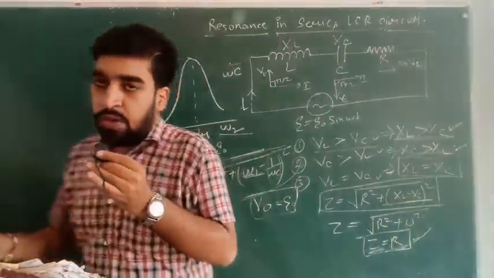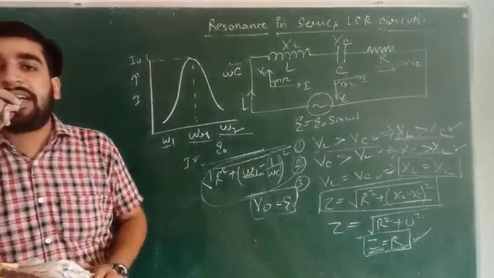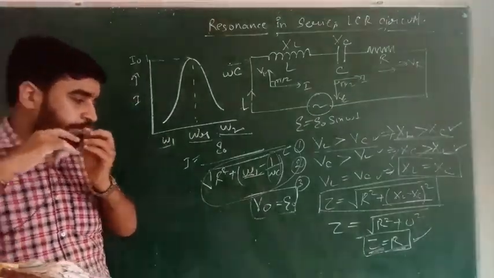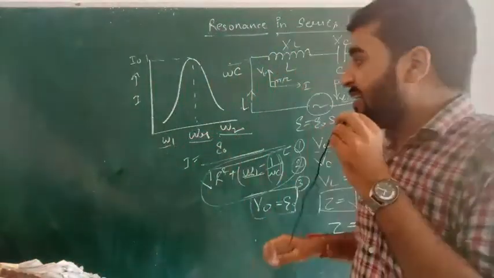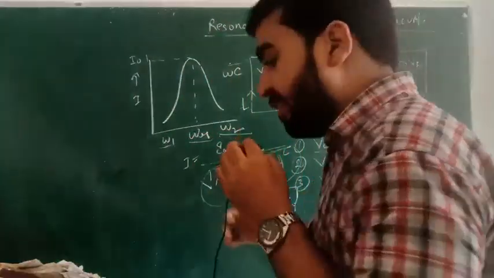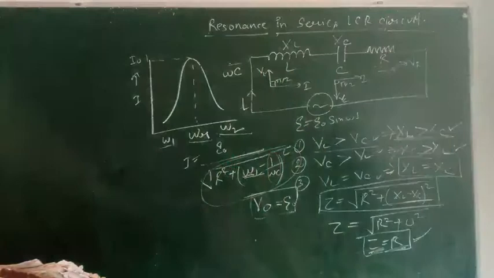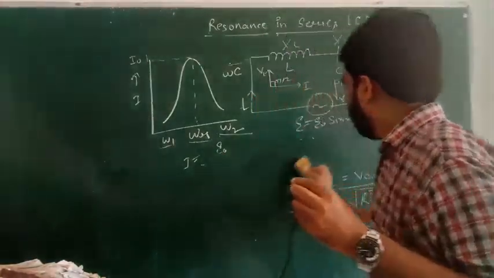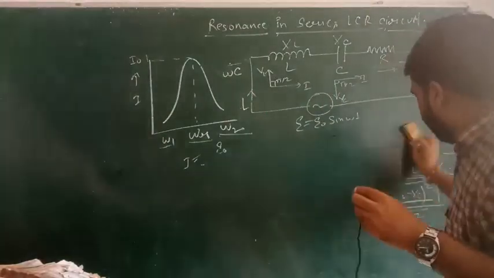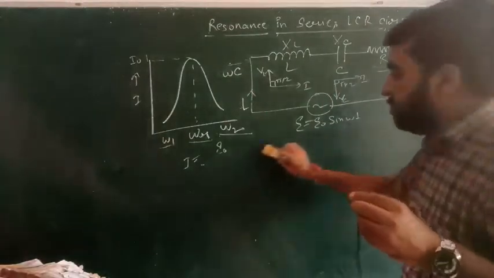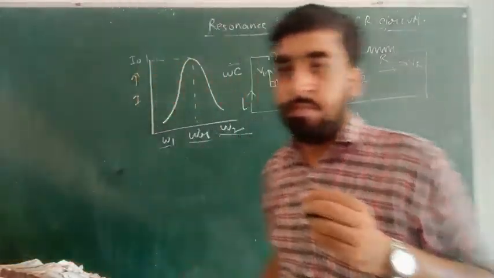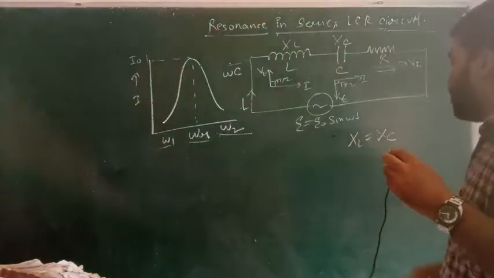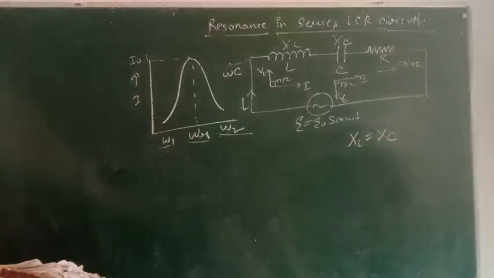Now, what will be the frequency in the condition of resonance in a series LCR circuit? Already we have discussed one thing: XL is equal to XC in the condition of resonance.